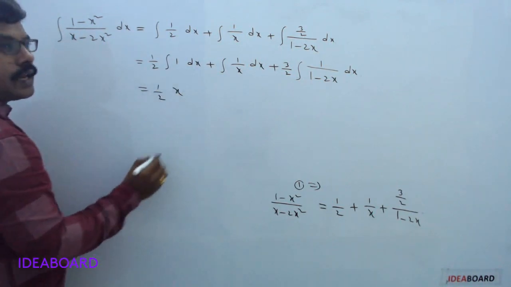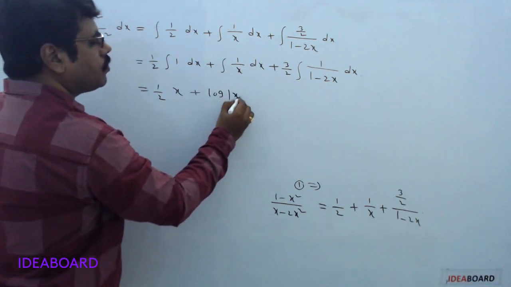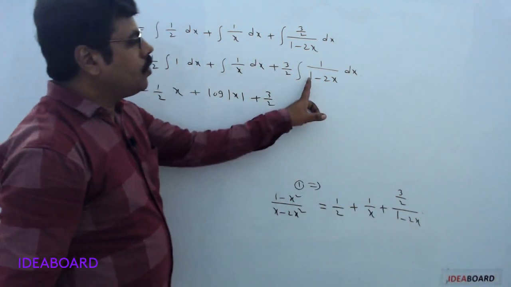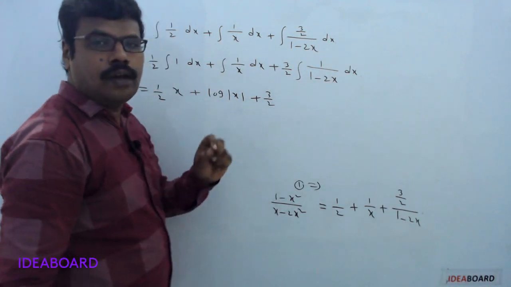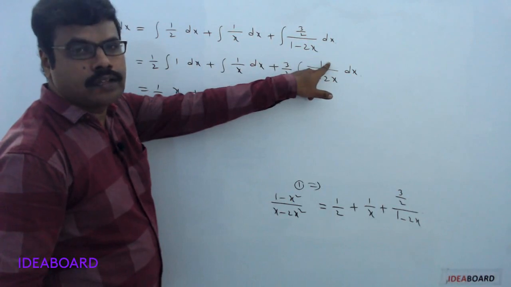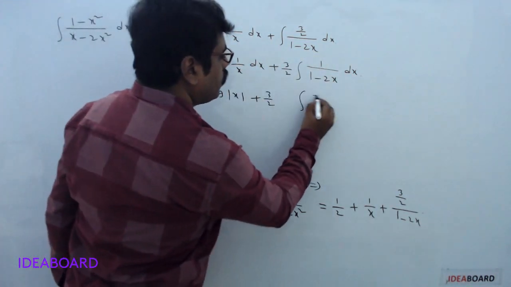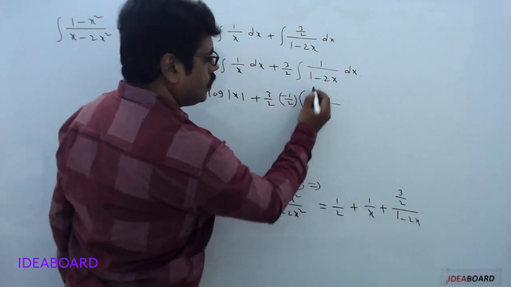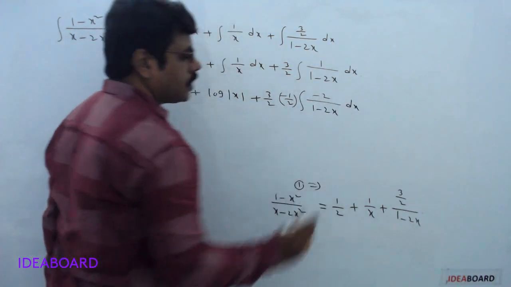Integral 1 dx is x, plus integral 1 by x dx is log mod x, plus 3 by 2 into, here what is the derivative of 1 minus 2x? Derivative of 1 minus 2x is minus 2, but in the numerator minus 2 is not there. So make some adjustment. Here multiplying and dividing with minus 2. So integral minus 2 divided by 1 minus 2x dx.